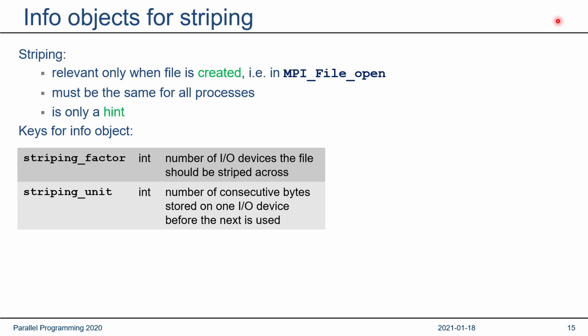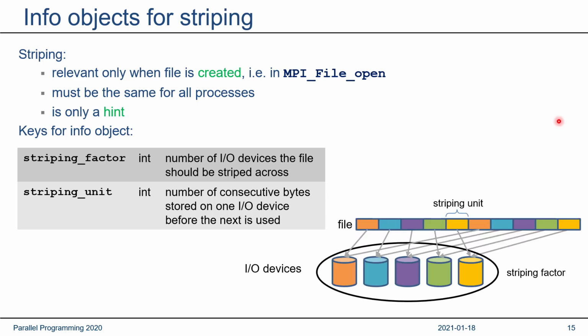For this purpose of striping, there are two keys that you can specify. The striping factor specifies the number of I/O devices the file should be striped across, and the striping unit, which is the number of consecutive bytes stored on one I/O device before the next is used. So if you know a little bit about parallel I/O hardware, you know that if you map a file to the actual I/O devices, and these could be I/O servers or disks or whatever in the background or the hardware layer, then there's something called a striping unit, which says what is the consecutive unit of data that goes to a single I/O device.